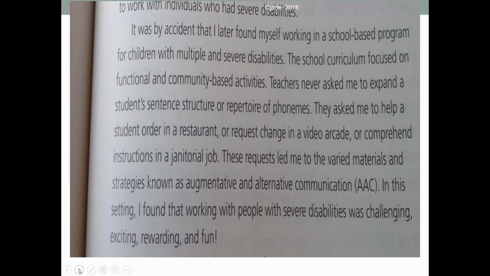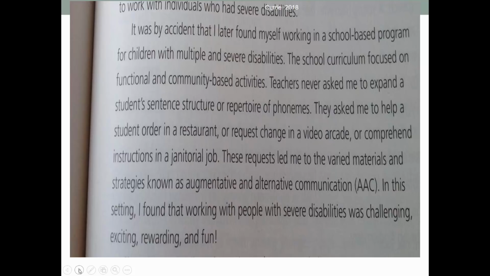So it's not about expanding sentence structure or a repertoire of phonemes or increasing the vocabulary. It's functional tasks. Ordering something in a restaurant, requesting change, understanding instructions in a janitorial job. So those are all functional augmentative communication strategies.